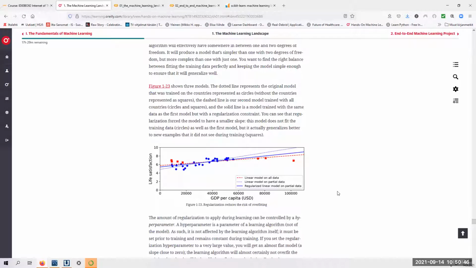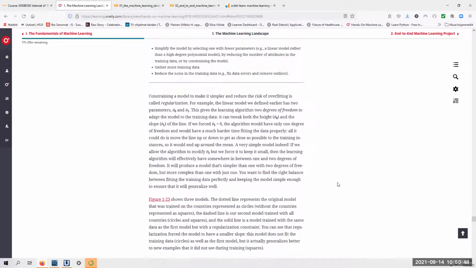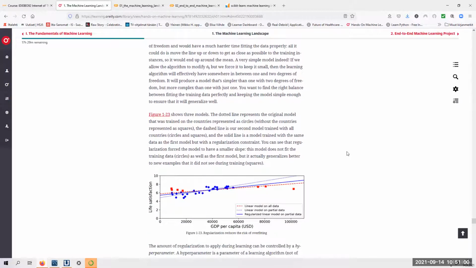Then you can also use so-called regularization, which means that you can limit the range in which your parameters can vary. So you have some knowledge of the data that it must be within these limits.